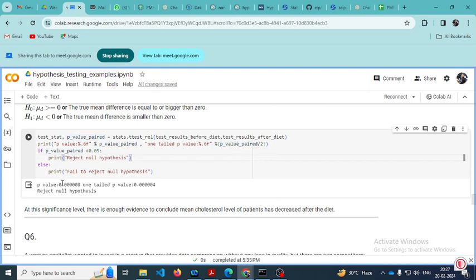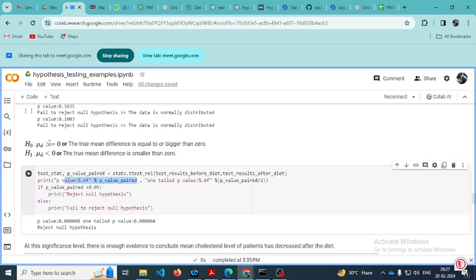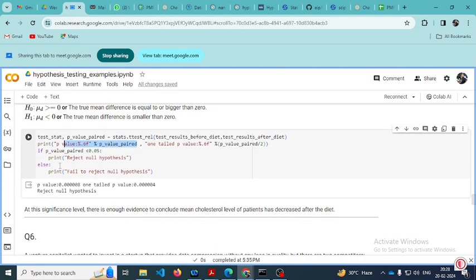Okay, this is one tailed, and this is two tailed; even so, it will reject the null hypothesis. If this p-value is less than 0.05, then it is rejecting the null hypothesis. What that means is, your null hypothesis assumes that the diet value is greater than or equal to 0.